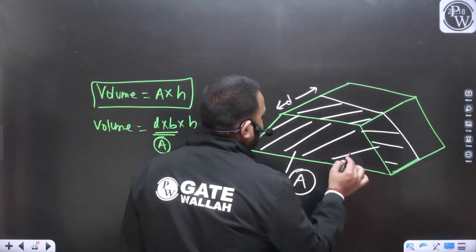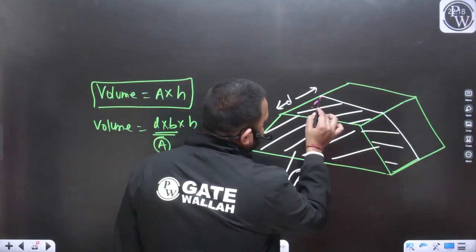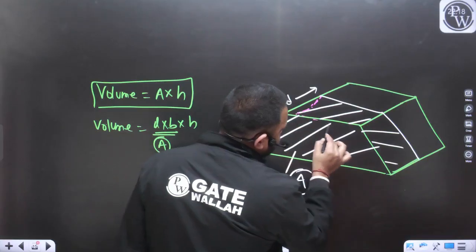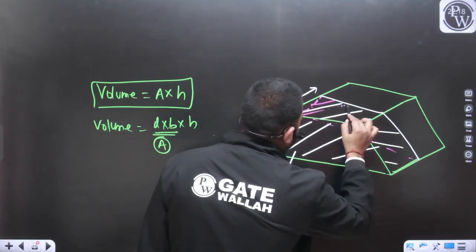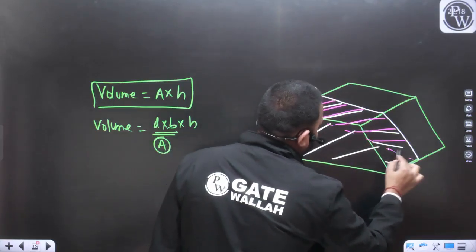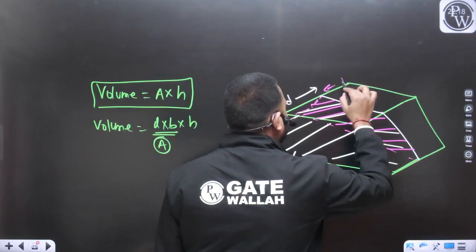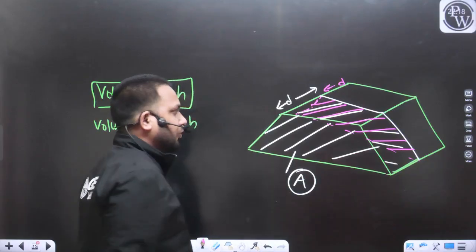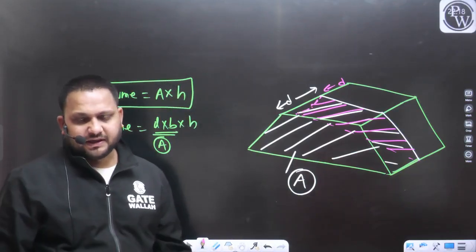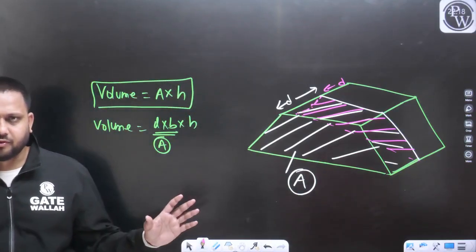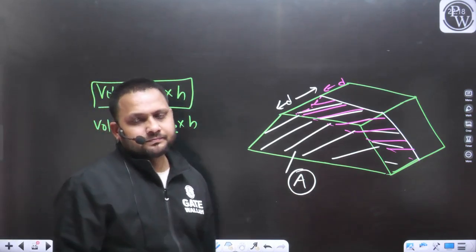Similarly, here also if I can find out this hashed area, then this area into D will be equal to the remaining volume, and simply we can add these two volumes to get the exact volume.